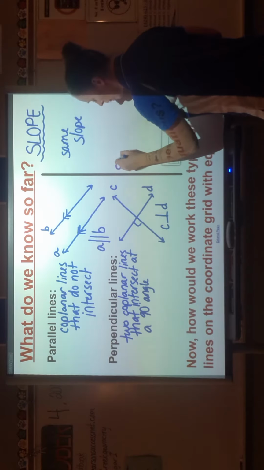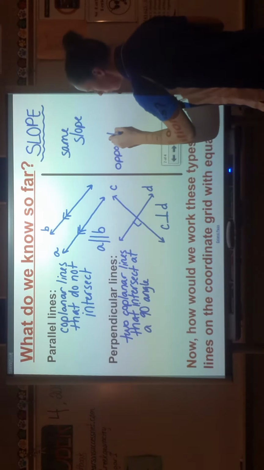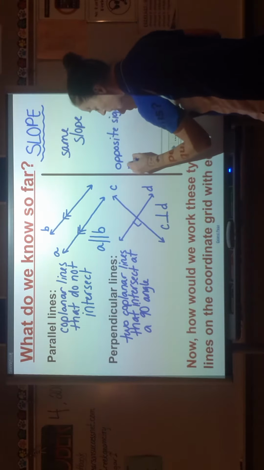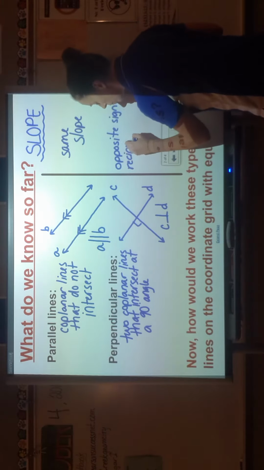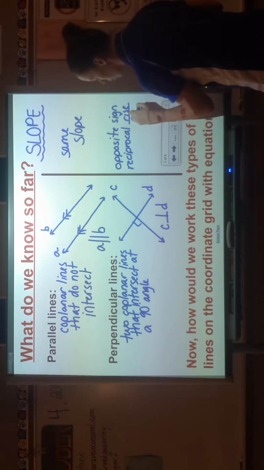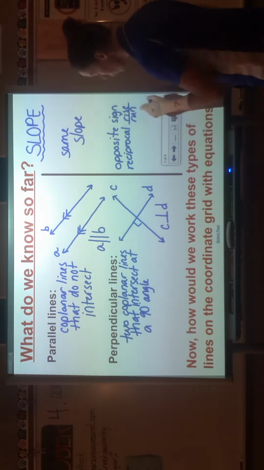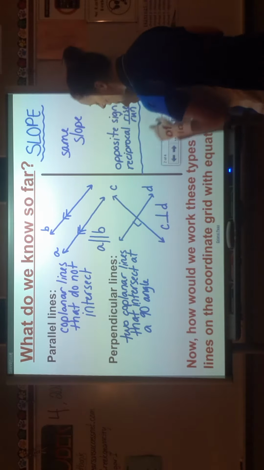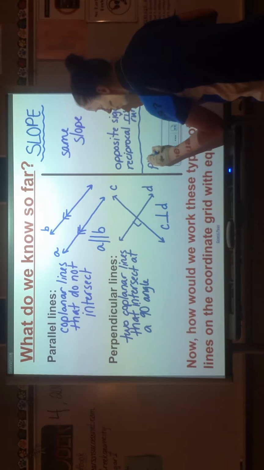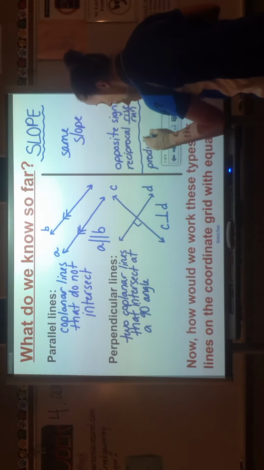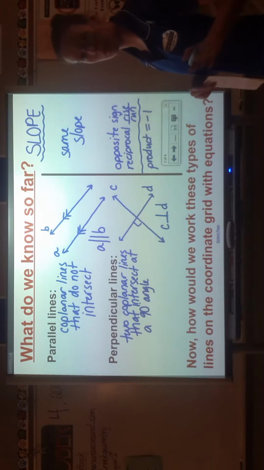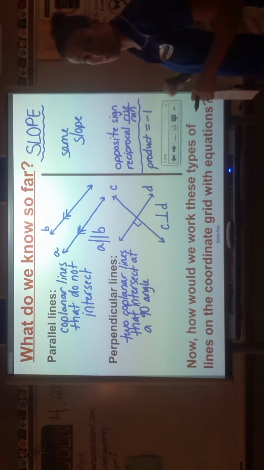So we need to say opposite sign, and we need to say reciprocal rise over run. One way to check if you have opposite signs and reciprocal rise over runs is if the product of the slopes is -1. That's going to be the test as to whether or not you have met both of these conditions.